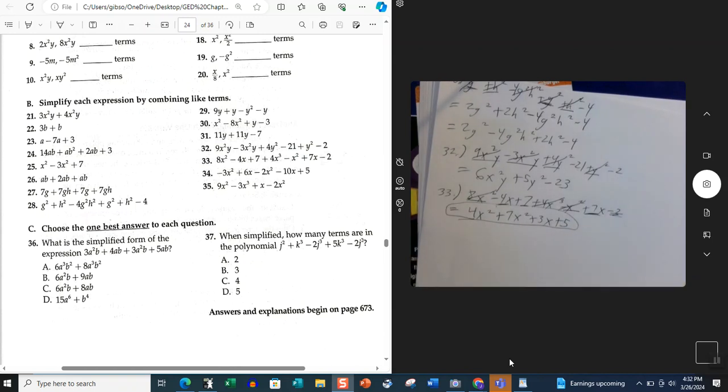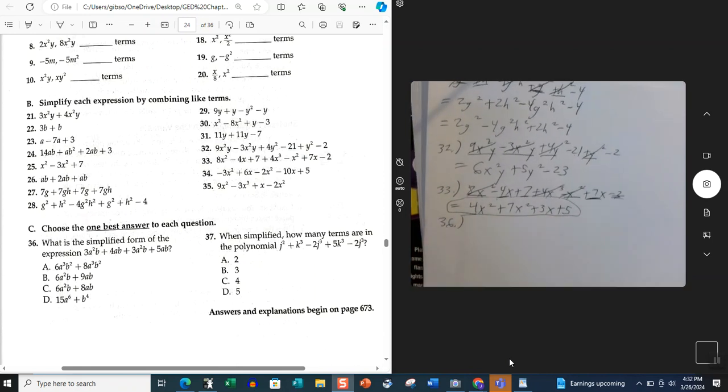Now, we do need to do 36, and I think 36 is kind of easy. It says choose the one best answer to each question. What is the simplified form of the expression 3a squared b plus 4ab plus 3a squared b plus 5ab?